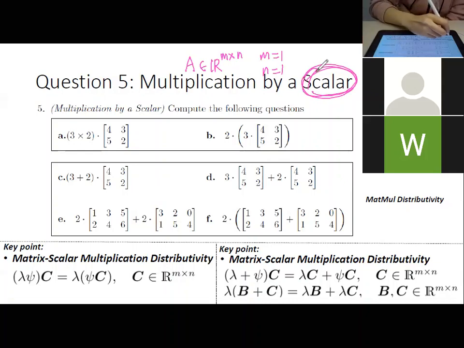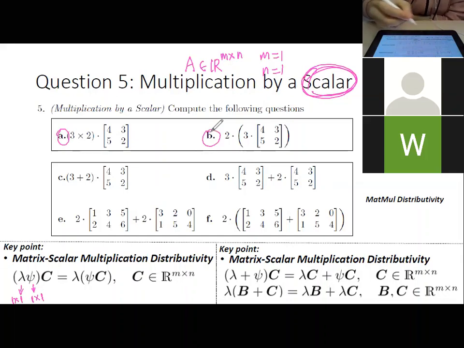The proof is actually the same. You can see that we can regard lambda as a matrix of size 1 times 1, and this can also be regarded as a matrix of size 1 times 1. So I will not spend more time on question 5, and we can have a quick look at it. Question A and question B are exactly the same.